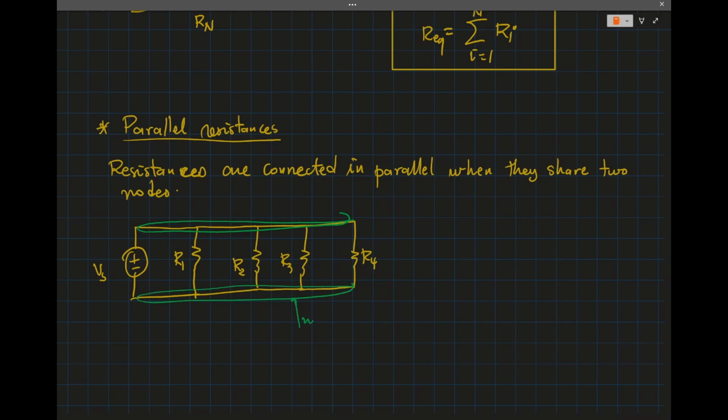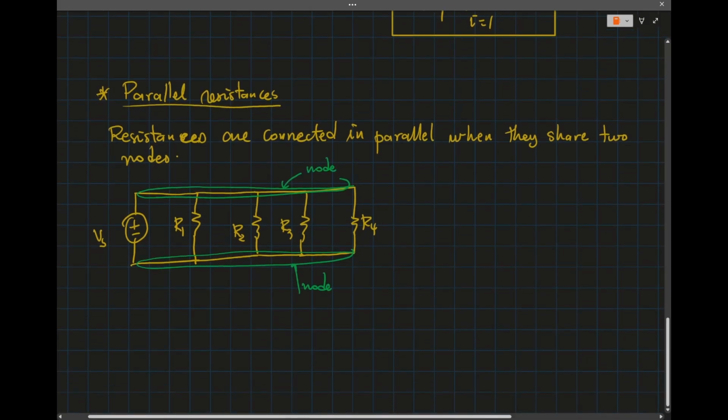So R1, R2, R3, R4 share the same common nodes.